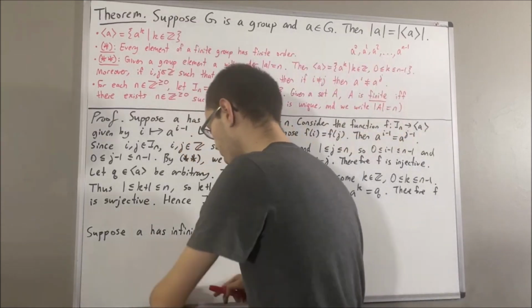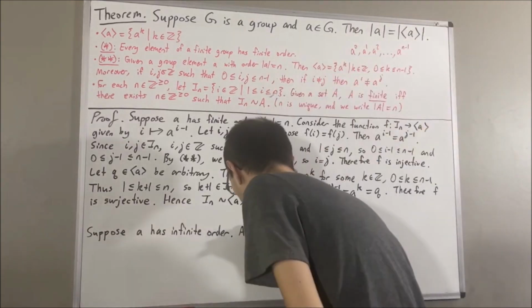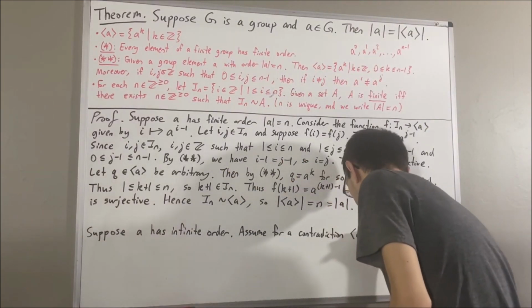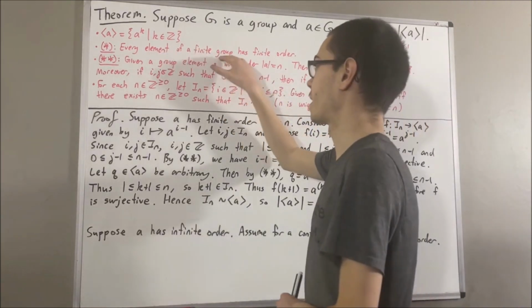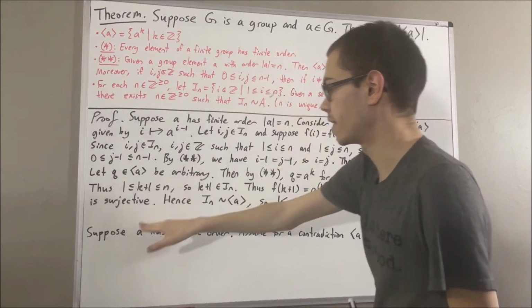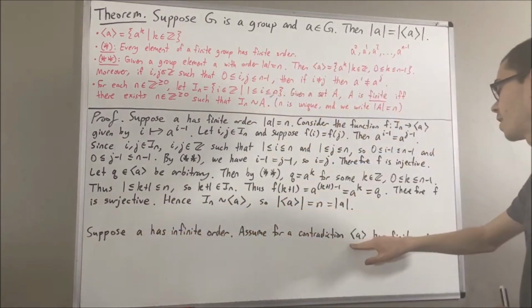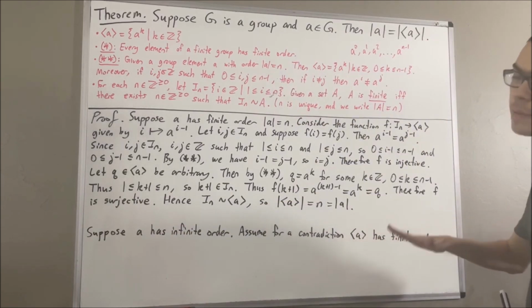Well, one way to do it is assume for a contradiction the group generated by A has finite order. Now, we know that every element of a finite group has finite order. So in particular, since A is an element of the finite group, the group generated by A, that tells us A must have finite order.